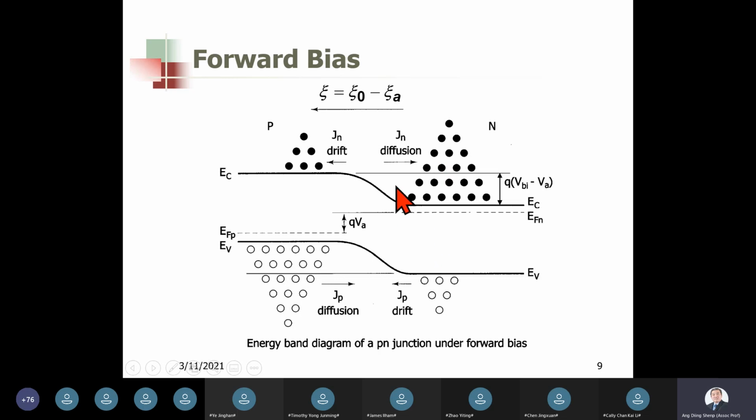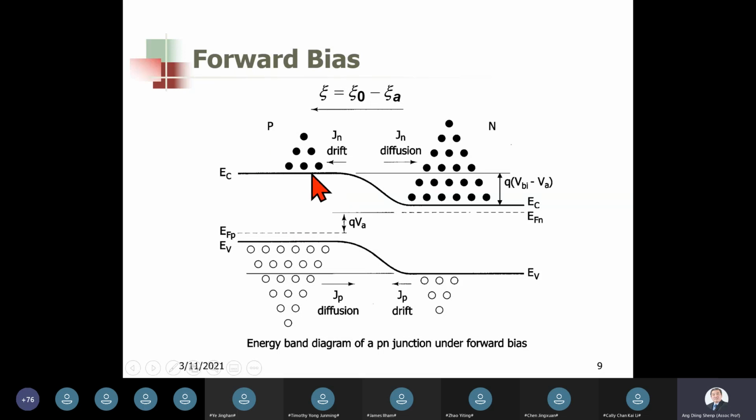Remember what I said earlier about the carrier injection due to the weakened junction potential or the junction electric field? Majority carriers are injected from one side into the opposite side. For example, electrons are injected from the N side into the P side. As a result of this electron injection from N to P, we have a higher concentration of electrons inside the P region.